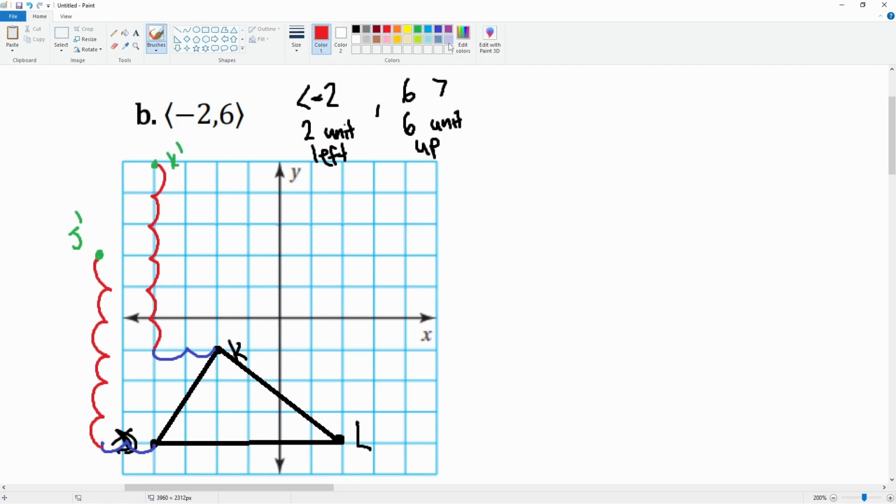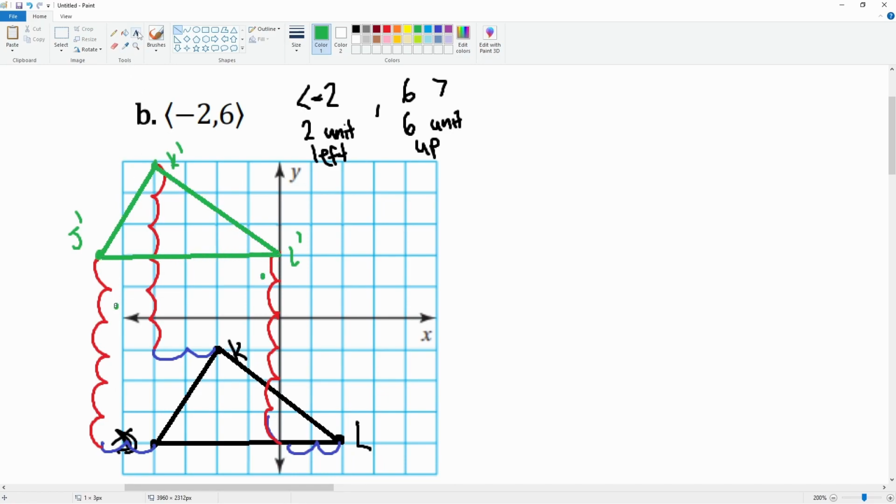Then we have L. 1, 2. And 6 units up. 1, 2, 3, 4, 5, 6 up, and this is the value of L prime, and there you go.